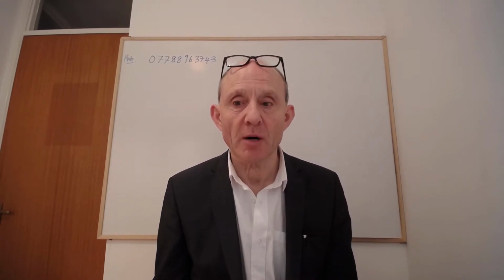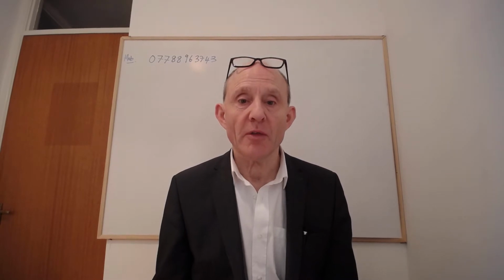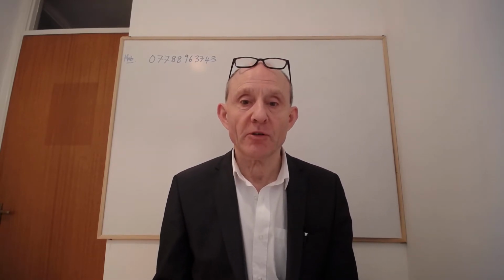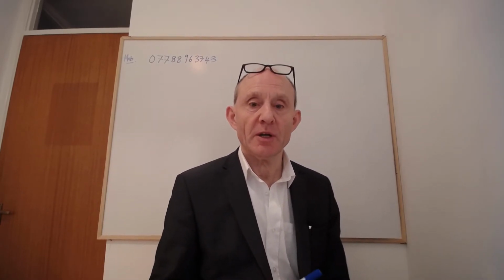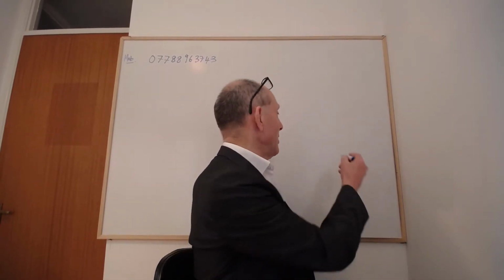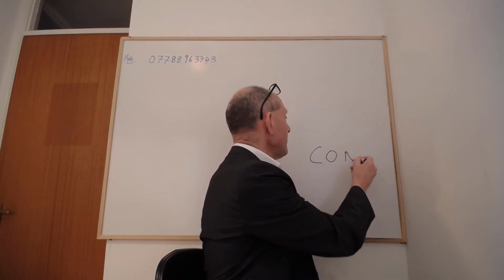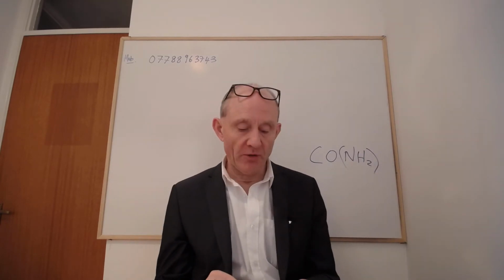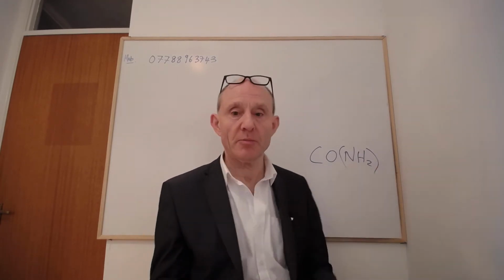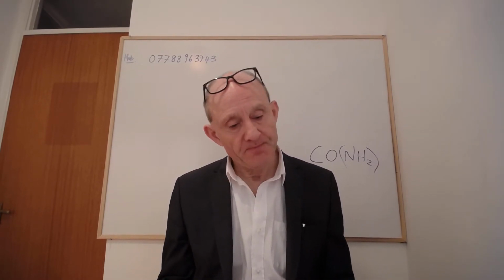When amino acids are broken down and used in respiration, the NH2 group is removed, and the NH2 is involved in a reaction where it's converted into urea, and urea contains essentially the NH2 group. The formula for urea is CO(NH2)2, so that's the formula of urea. So urea contains the NH2 group that comes from the amino acid.